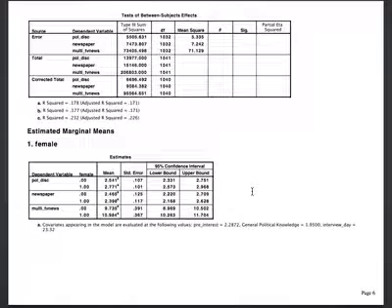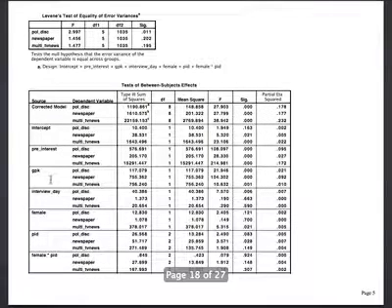This is just the last half of the previous table that we looked at. These are estimated marginal means. Which of the three dependent variables were significant for male and female from the previous page?